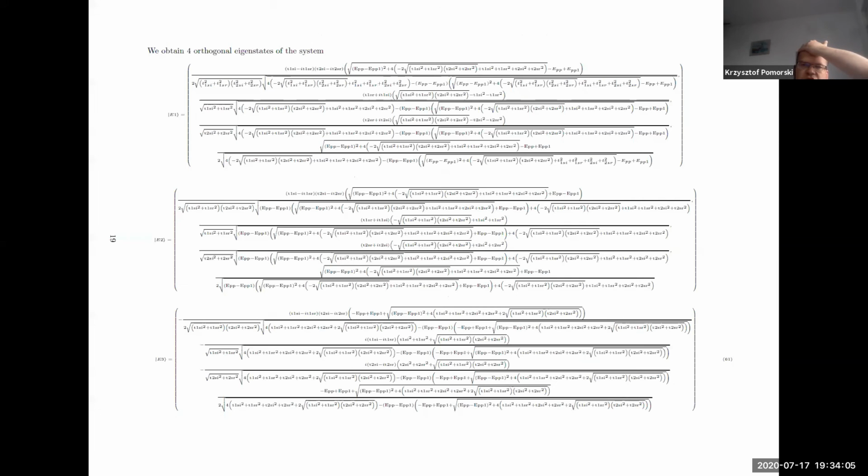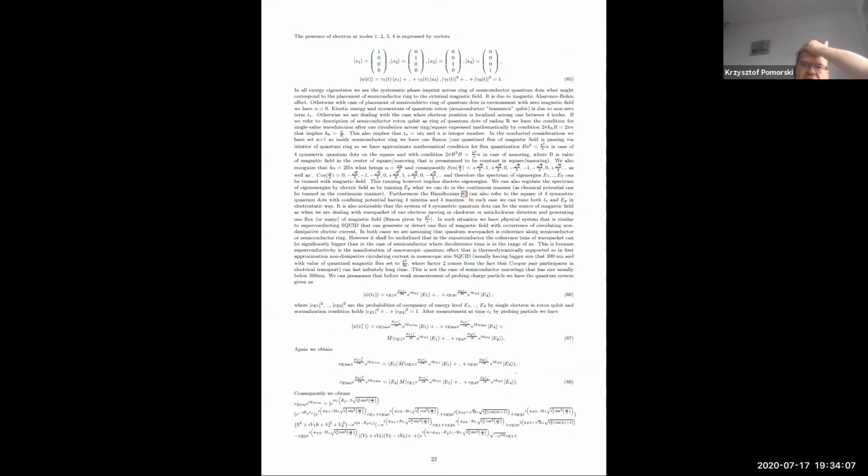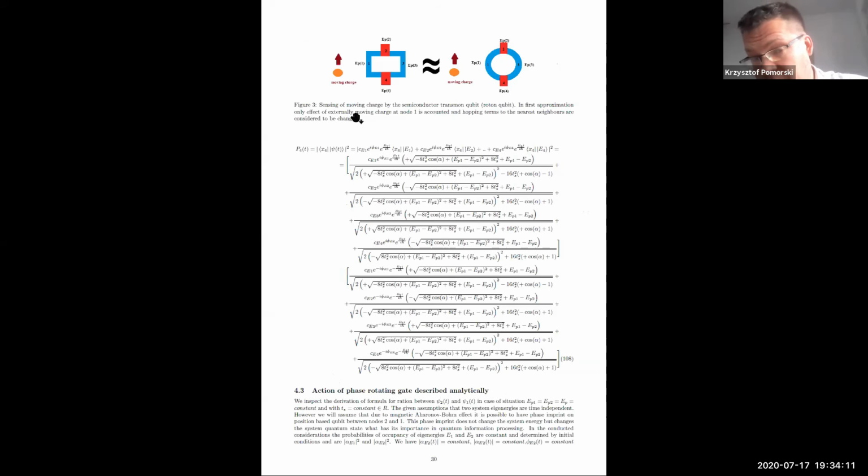In the last section we have this Roton qubit. We have a situation where we have a semiconductor nanowire, and then there's a possible gate on the top, so there's some barrier for the electron. Moving the charge can also induce magnetic flux. That's quite important to note.